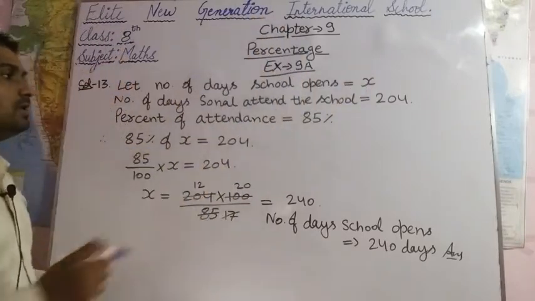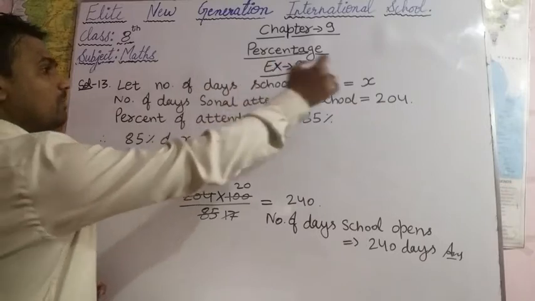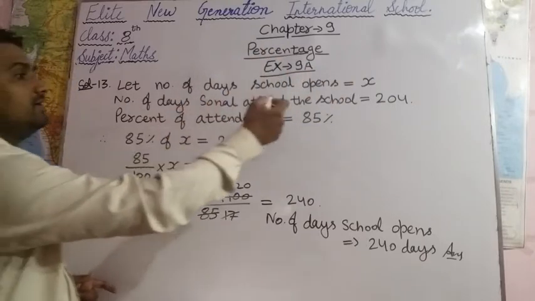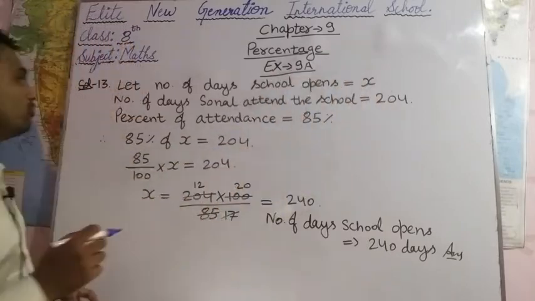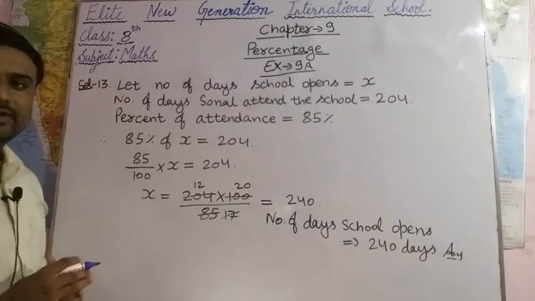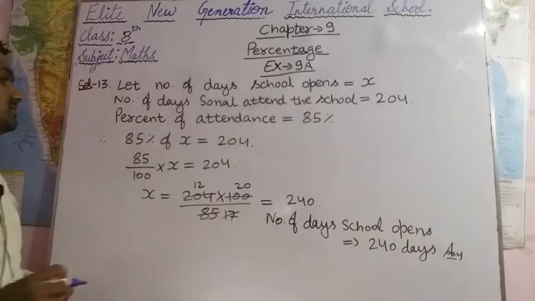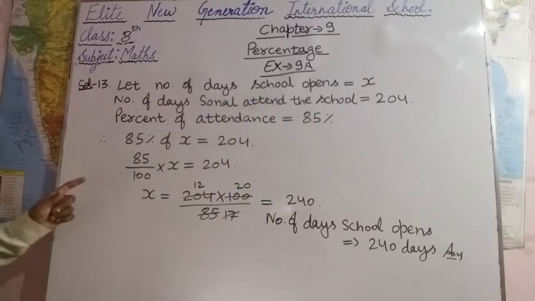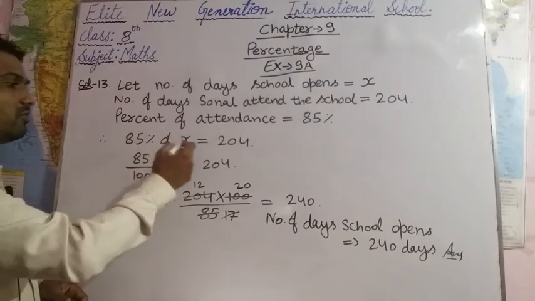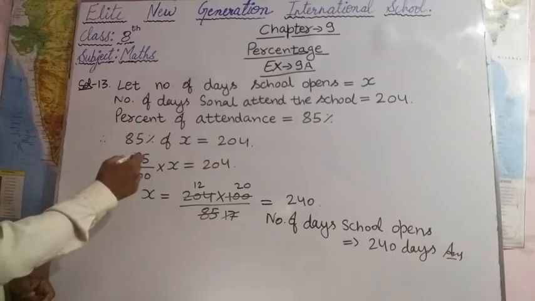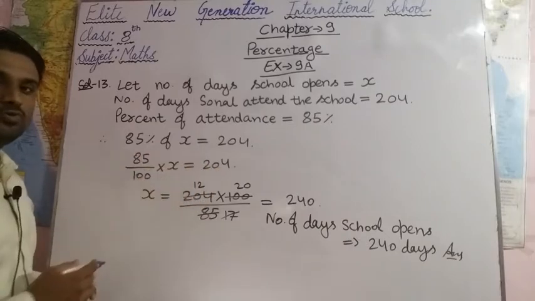The number of days Sonal attended school is 204, and the percentage of attendance is 85%. According to the question we can write 85% of x equal to 204. Now 85 upon 100 into x equals 204.